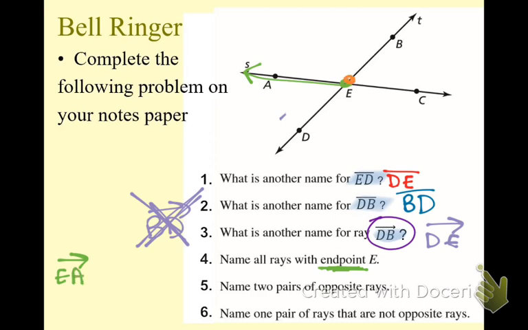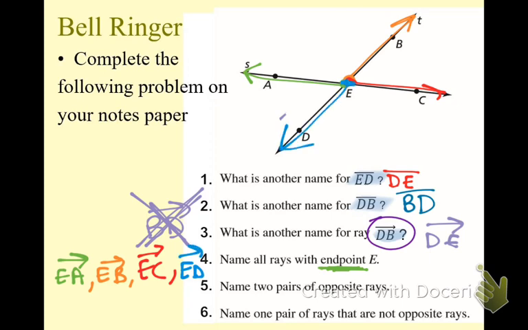EC. ED. All right, so those are all of the rays with the endpoint E. This is what people got wrong on their homework because they tried to flip them. So E has to come first.